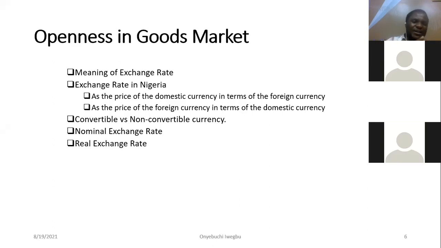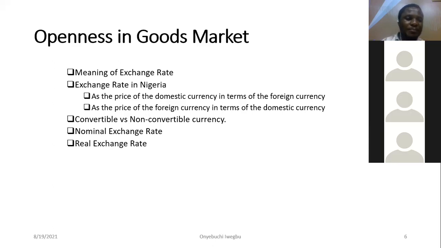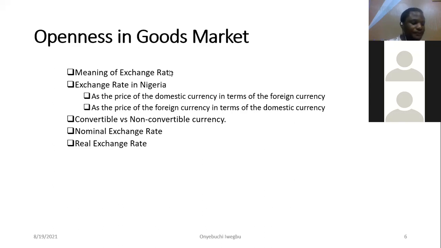So for the purpose of our explanation, we will take a particular decision on how we interpret our exchange rate. Either we interpret our exchange rate as the price of the domestic currency in terms of the foreign currency, or as the price of the foreign currency in terms of the domestic currency. Which one would you prefer for us to use?